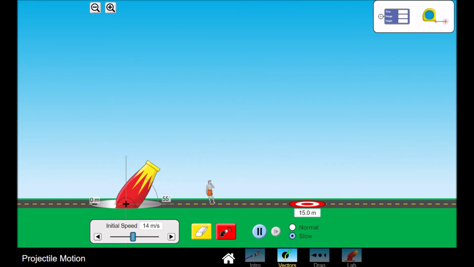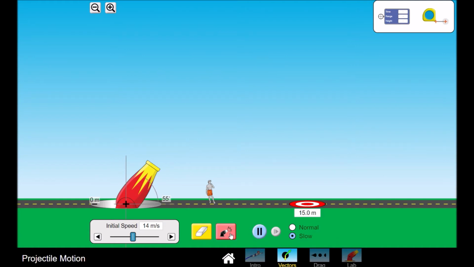Okay, so let's talk about projectile motion and specifically the vector components. In our first lesson, we talked about when an object is launched at an angle to the horizontal, so it's kind of diagonal, the diagonal vector will have a vertical component and a horizontal component.